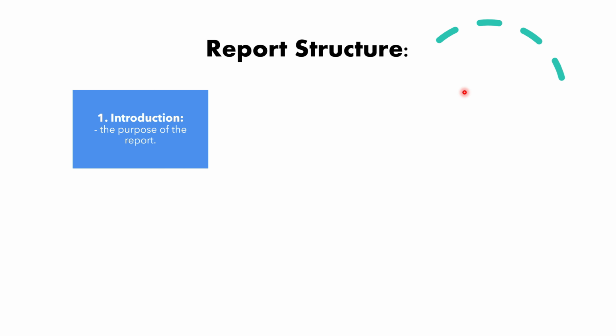The first one, you should talk about the purpose of the report, and we will see what the purpose is. So this is the first thing you should talk about, the purpose. Like this report will discuss, this report will analyze, this report will summarize, this report will maybe demonstrate or illustrate. All of these are purposes.